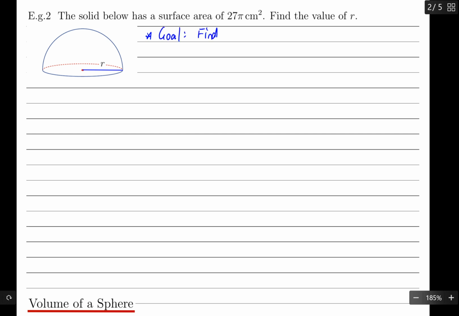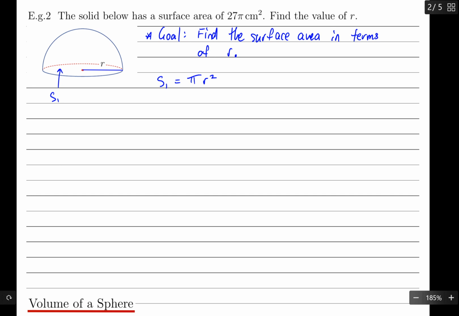I'll say here, find the surface area in terms of r. Okay, so what I might do, the base here, I might call that S1, and that base is obviously just the circle, right? So that's going to have an area of pi r squared.